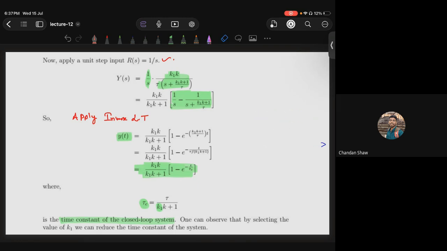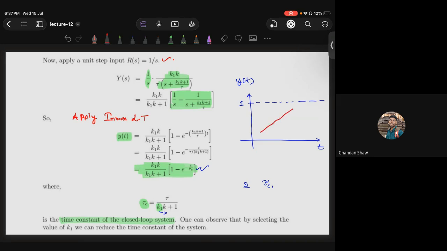So here, this is your expression. So this is time, this is y of t. This is the value you wanted to reach, 1. Now let us say K1 is equal to 2 initially. You will get tau C1. Let us say the tau C1 you will substitute here. You draw the response.